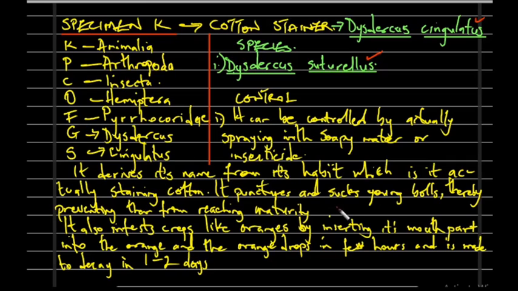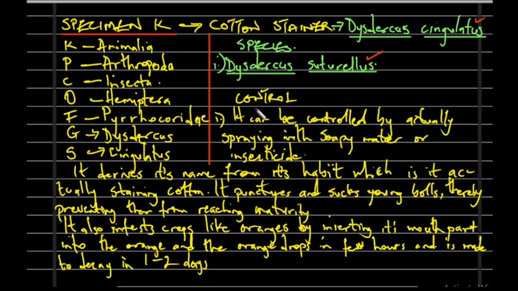It also destroys the color of the cotton, so it stains the cotton. This pest also affects some other crops. It also affects oranges, and when it inserts its proboscis into the orange, it inserts some chemicals into it, thereby causing the fruit to drop from its tree in a few hours, and in a matter of one to two days that orange fruit rots away.